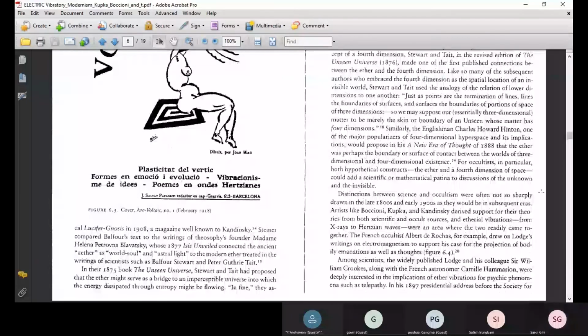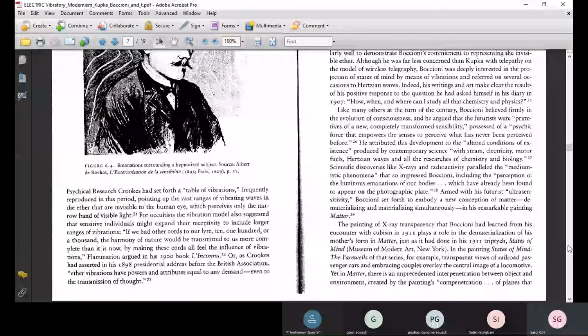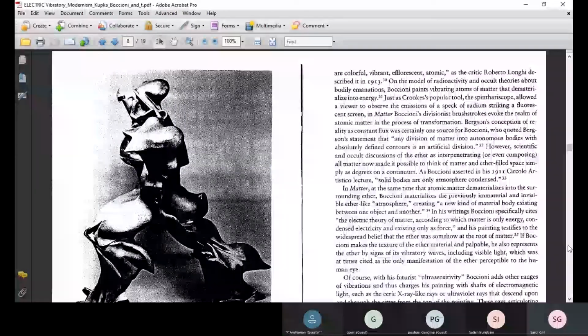Now, the other reference that you see here is, of course, to the futurists, Marinetti and others.